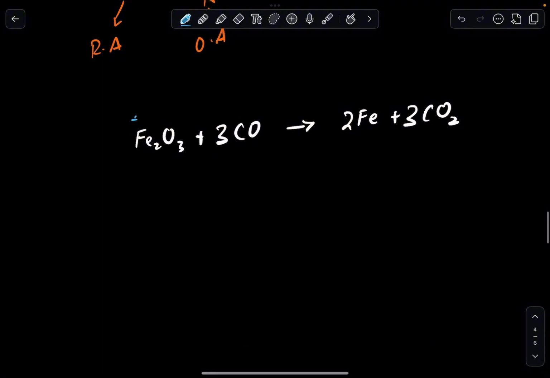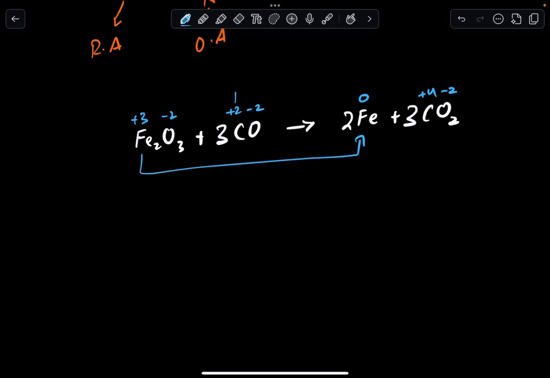Now let's talk about the other example. This iron has +3 charge, this oxygen has -2, this has +2, -2, 0, +4, and -2. One oxygen has -2 charge, altogether two oxygen has -4 charge. Again, if you don't know how to find out the oxidation number, you have to watch my video, and that video is basically rules for oxidation number. So +3 to 0 and +2 to +4.